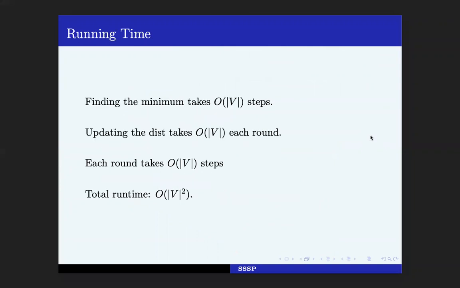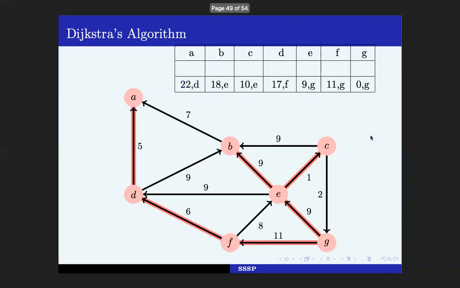Now the running time of the algorithm. Every time we are adding one more vertex to my country, in some sense. One more vertex is pushed into the second row.